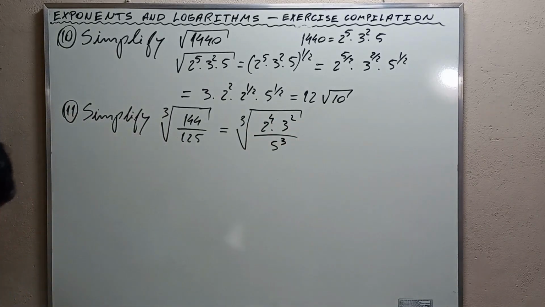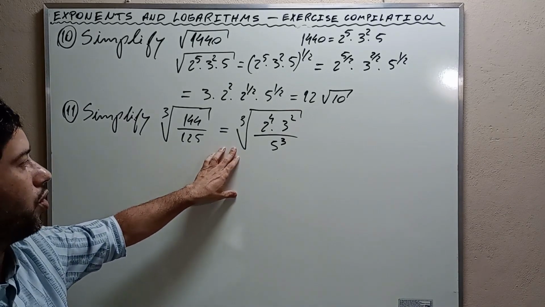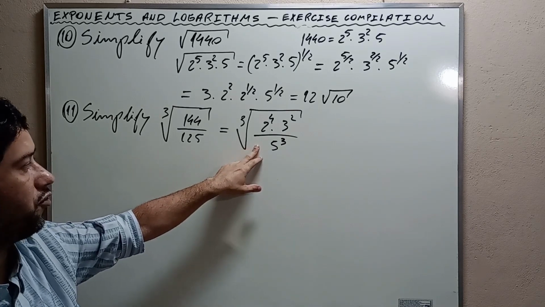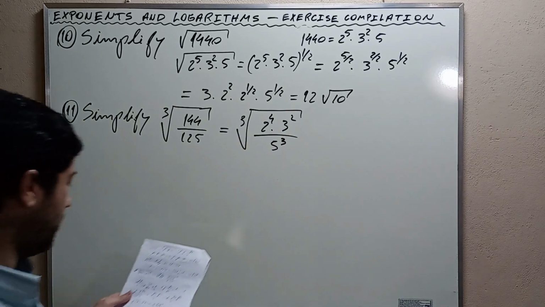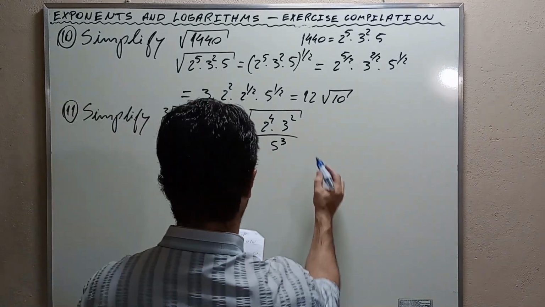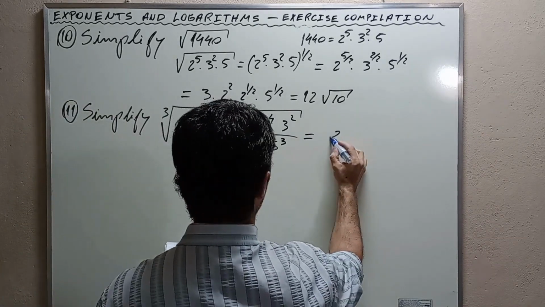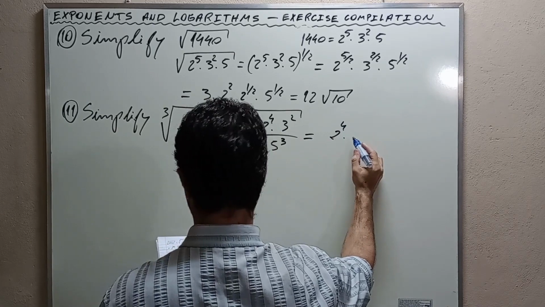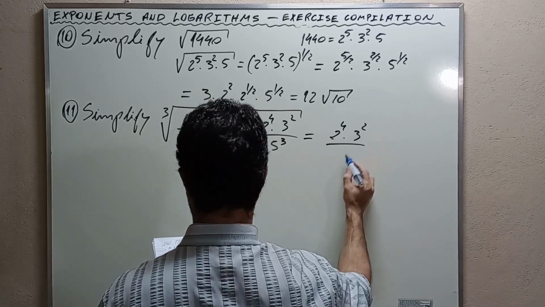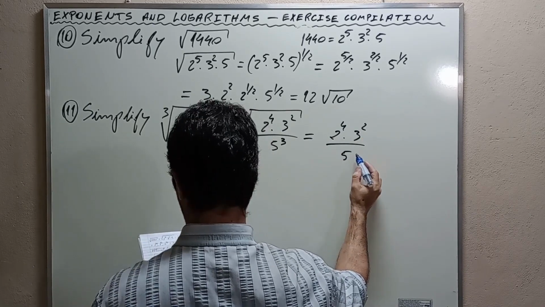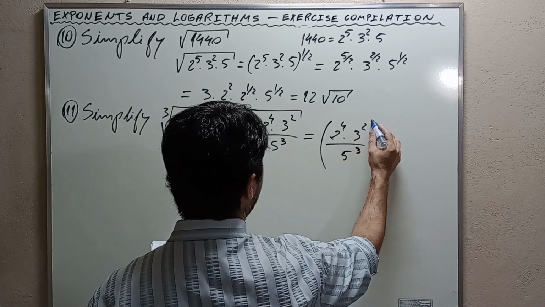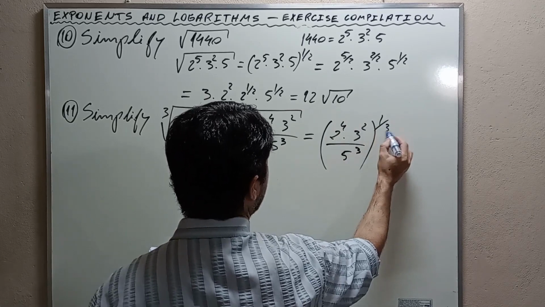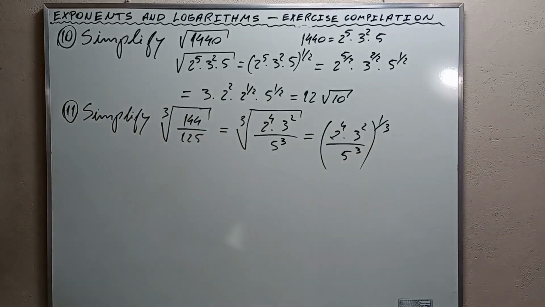Okay? But remembering that the cube root of a number is similar to raising this number to the power of a third, okay? And therefore it becomes 2 to the 4th times 3 squared divided by 5 cubed, and it all raised to the power of a third.